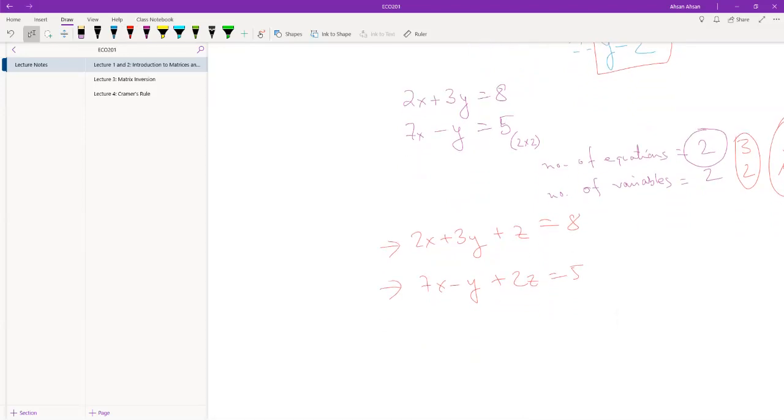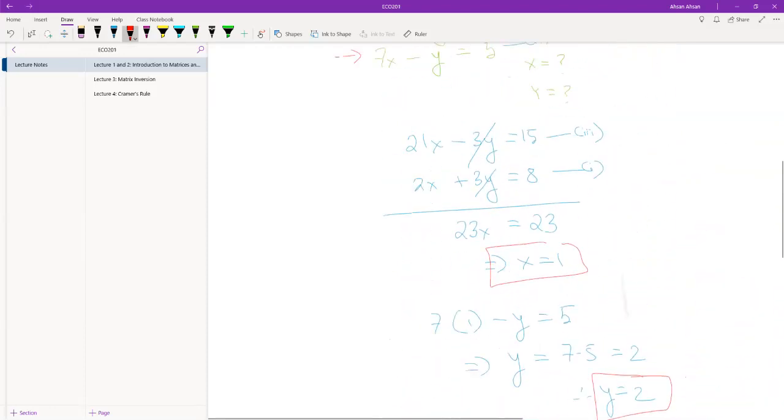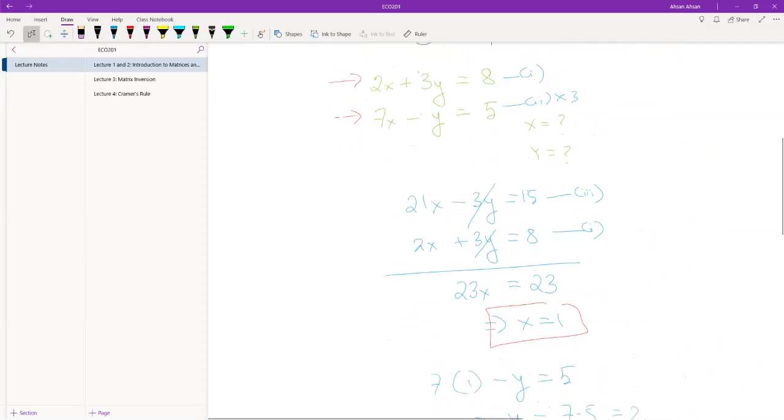However, if we had a third equation, it can be anything really, so 11x minus 3y plus 4z equals some value. I don't know what the value would be. If we had that, now we can solve this once again because the number of equations and the number of variables match. So you all know how to solve a system of equations.